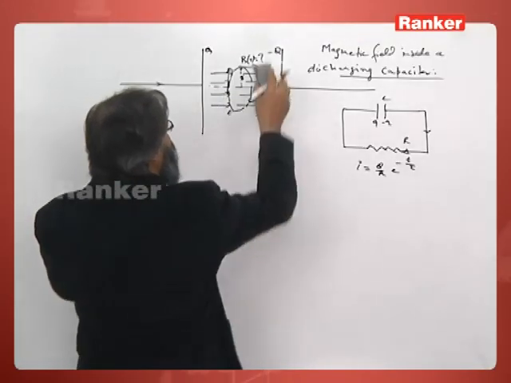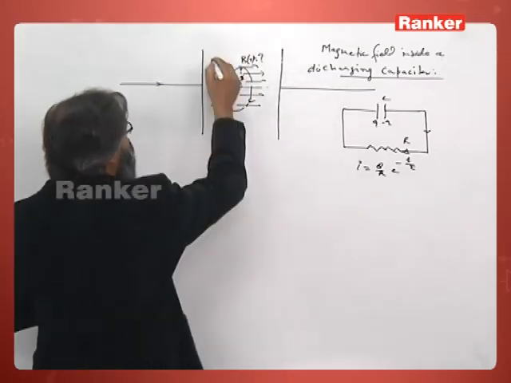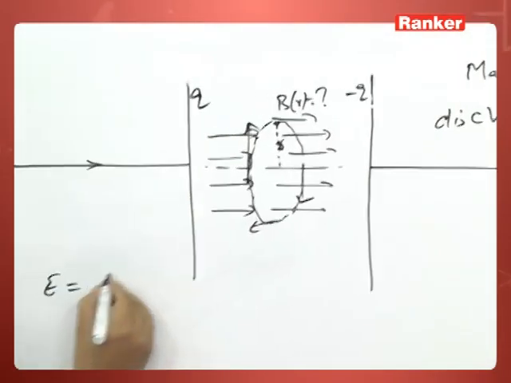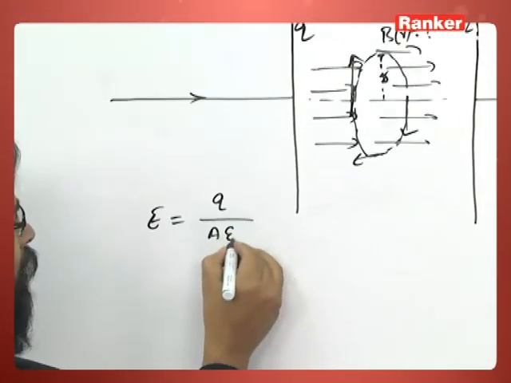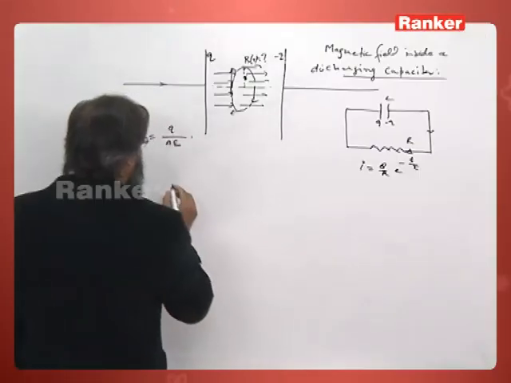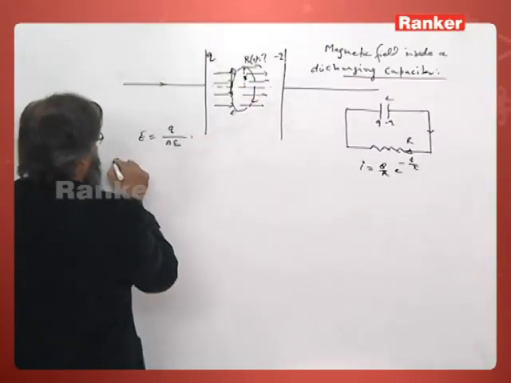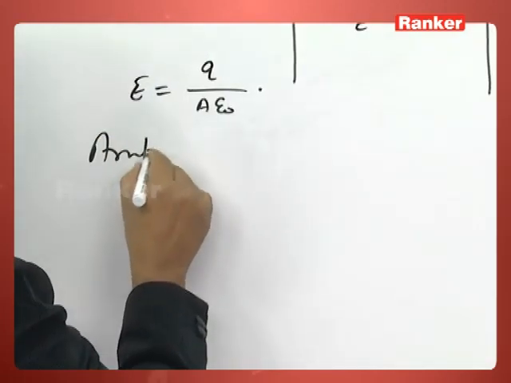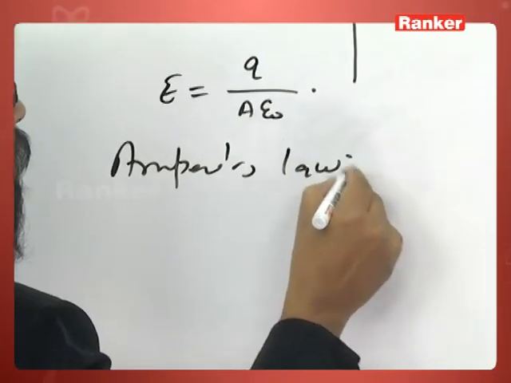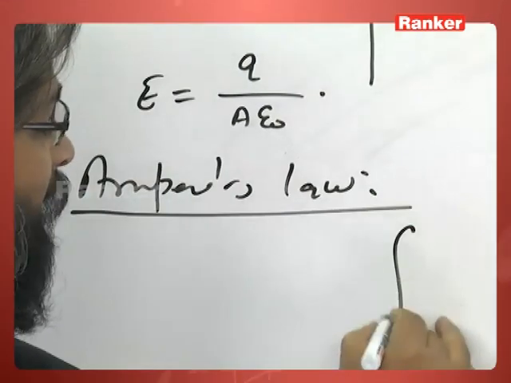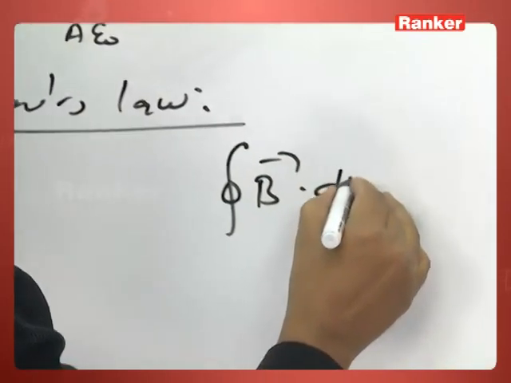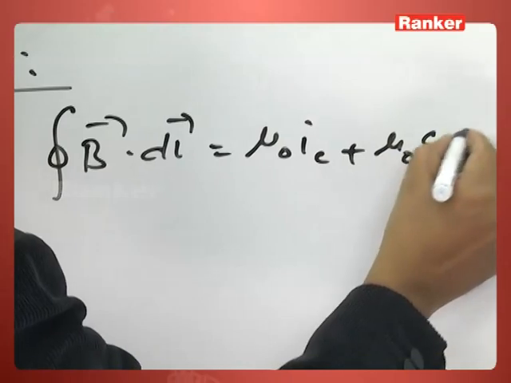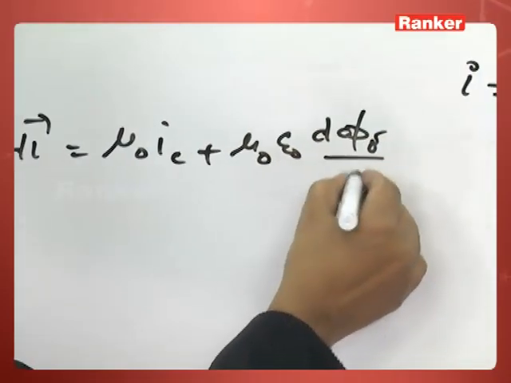Now, at some instant the charge here is Q and minus Q. So, the electric field becomes Q by A epsilon naught, and applying Ampere's law, we will write this as the integral of B dot dl is equal to mu naught I_C plus mu naught epsilon naught d phi_E by dt.